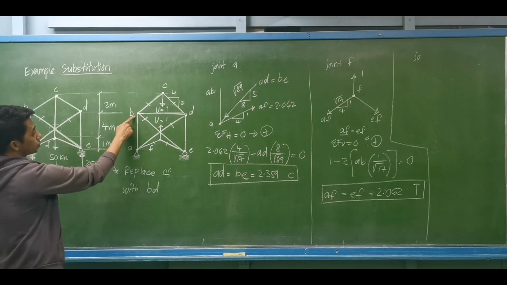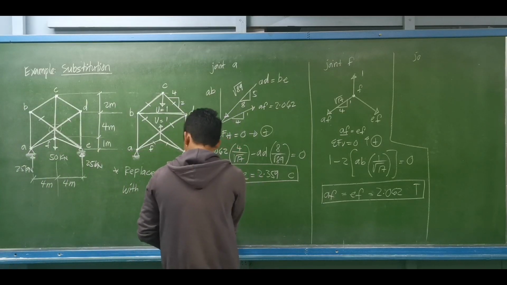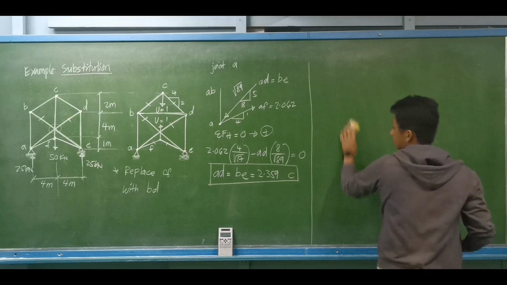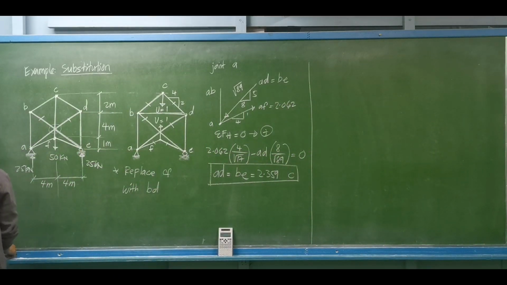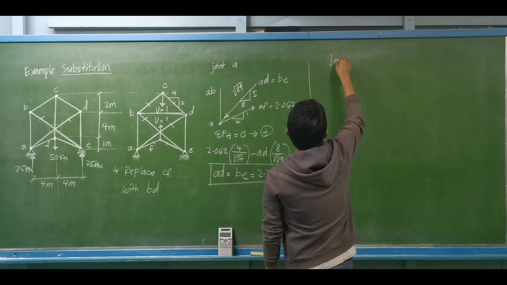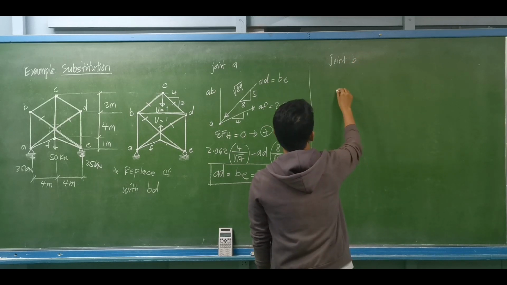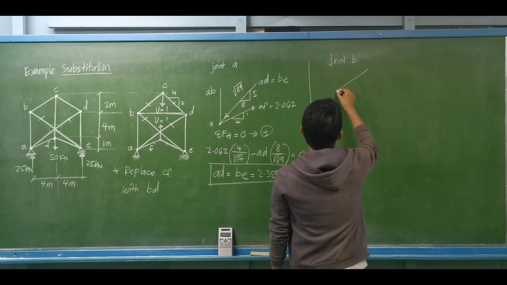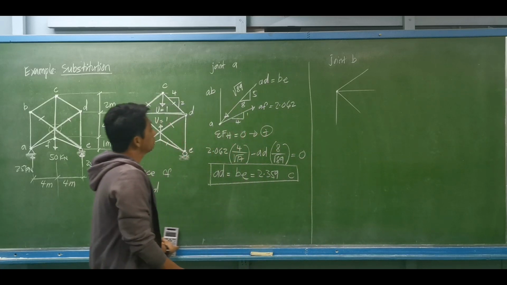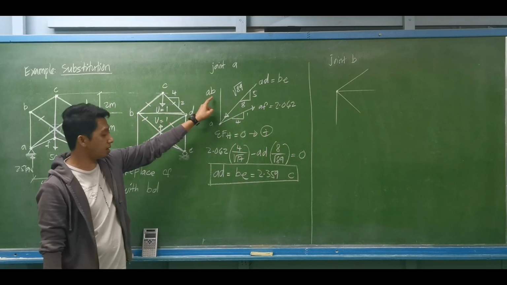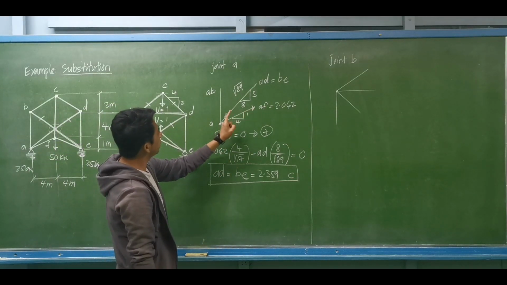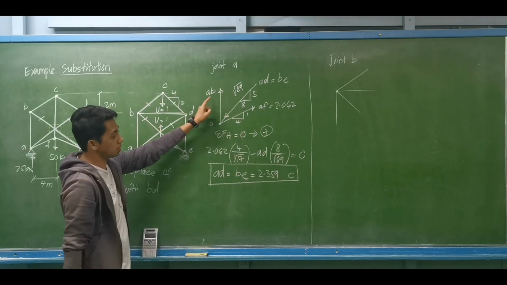So lastly, we may proceed now to joint B or joint D. So here at joint A, we can actually get AB. That is the one still missing at joint B. So if this is upward, downward, okay, I will assume that AB is upward.